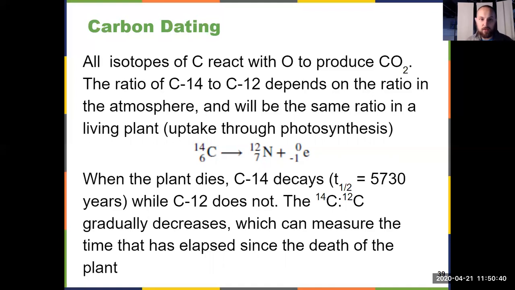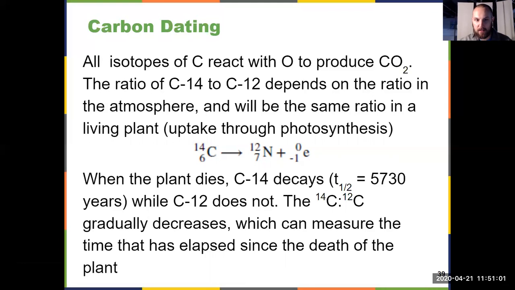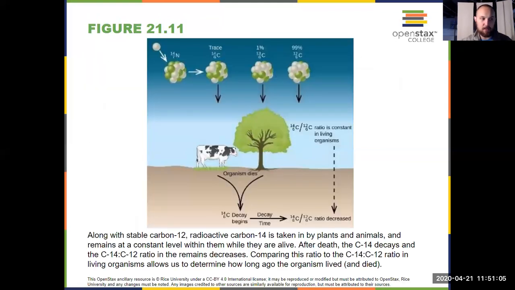So if I can measure the ratio of carbon-14 to carbon-12, I can get at the information about how much time has elapsed, right? Just from that simple ratio, I can tell how much time has gone on. But then, right, after about 6 half-lives, I don't have enough carbon-14 left to detect. So that's why I max out at about 30,000 years. Okay? And those are measured via a process known as mass spectrometry.